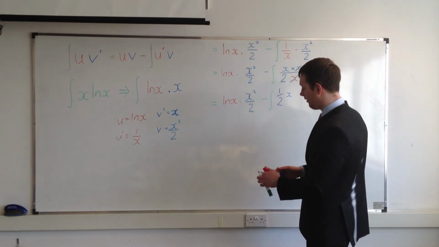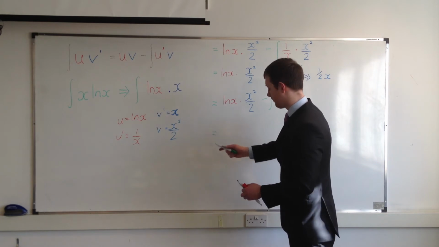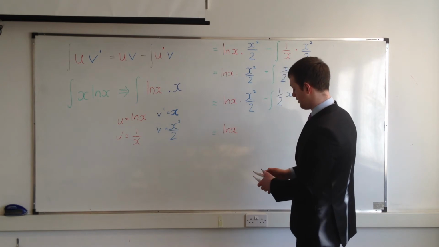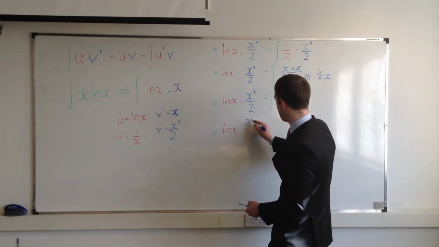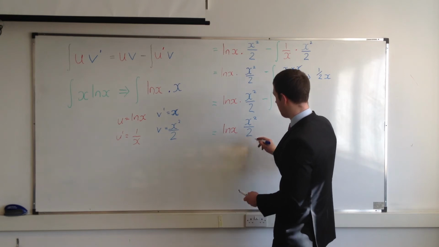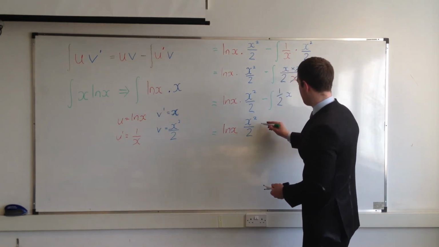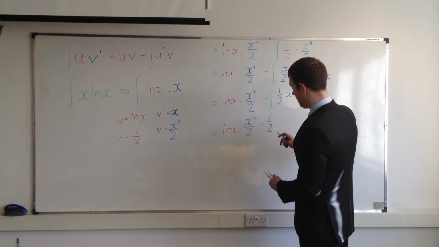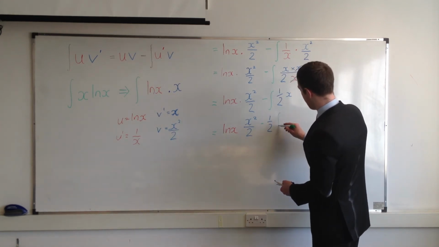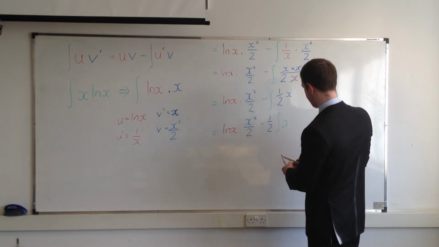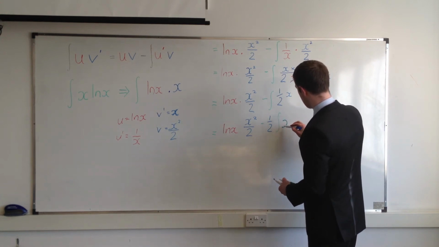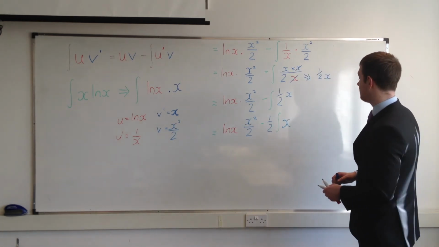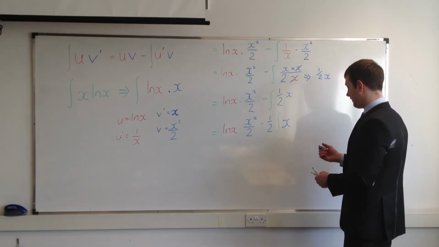So if we do this now, this is equal to ln of x times x squared over 2 minus 1/2 times by the integral of x. Now the integral of x is equal to, obviously, x squared over 2.